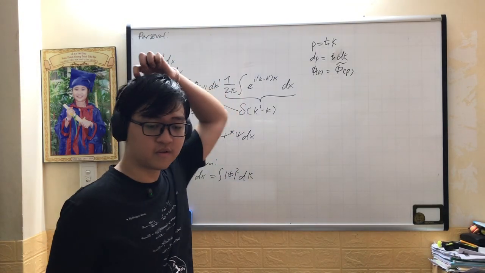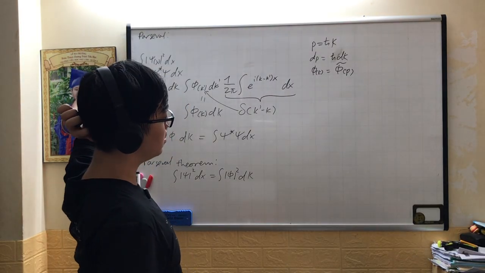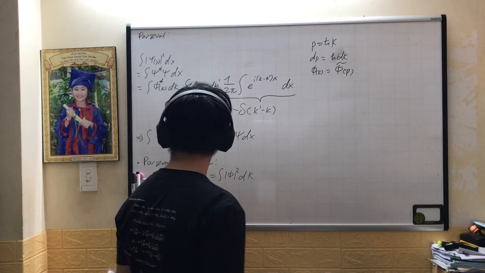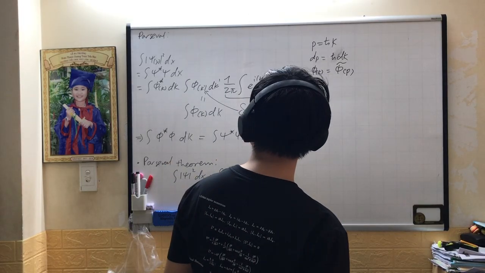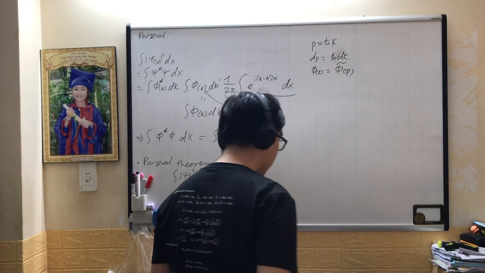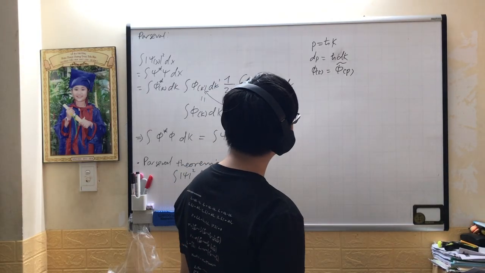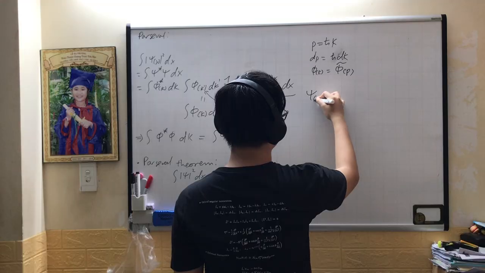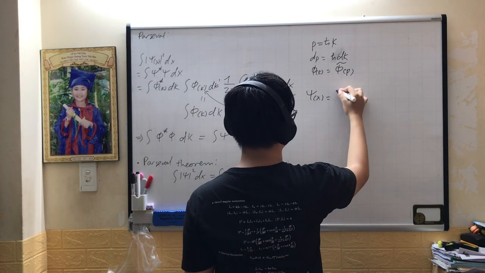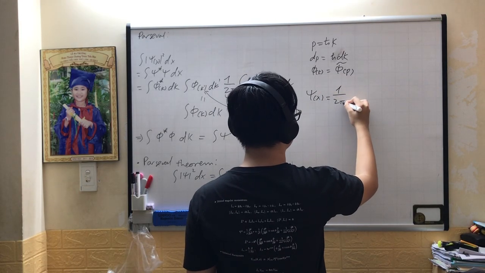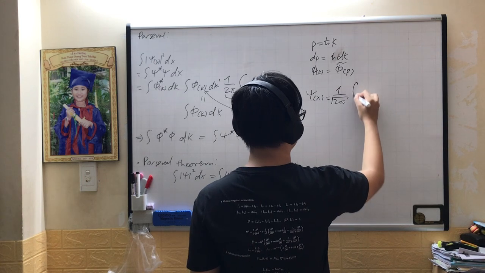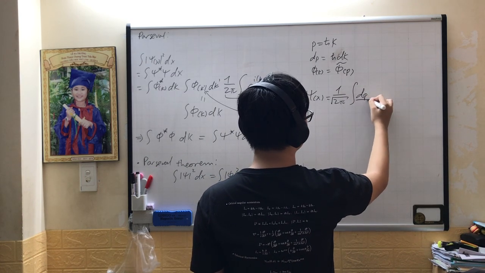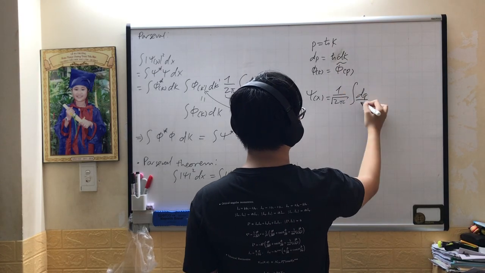Alright, and from this, you can do the Fourier transform as you did in k. So let's start. You're gonna get your psi of x would be 1 over 2 pi integral dp over h bar.